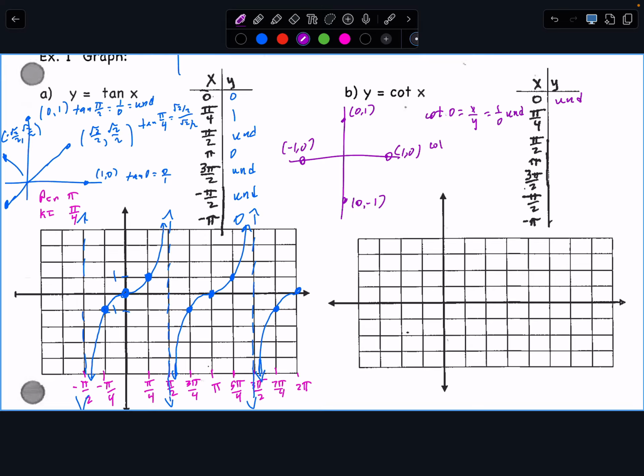The cotangent of pi halves, your 90 degree, your x over your y, is 0 over 1, which is 0. So at pi halves, it is 0. The cotangent of pi, since it's x over y, is going to be negative 1 over 0, and that is undefined.